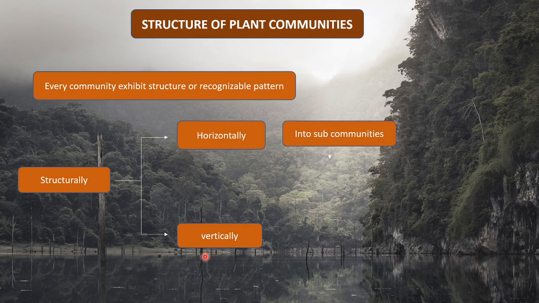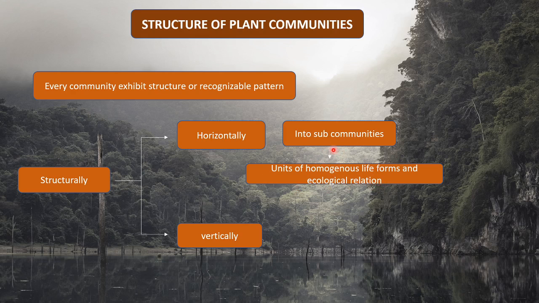When I say horizontal structure, it means that we divide the plant community into various sub communities. So we can observe various sub communities present in a single community, and these sub communities represent homogeneous life forms. These are units of homogeneous life forms and ecological relations.